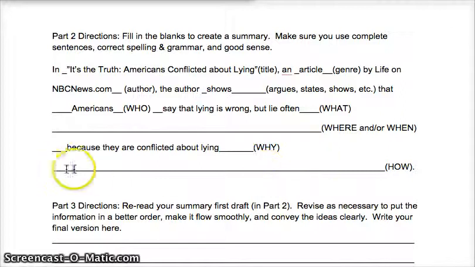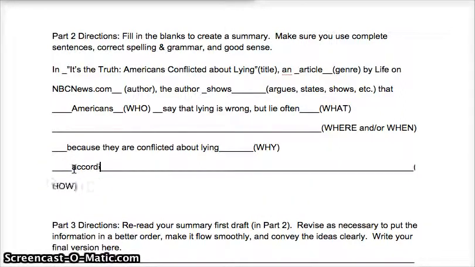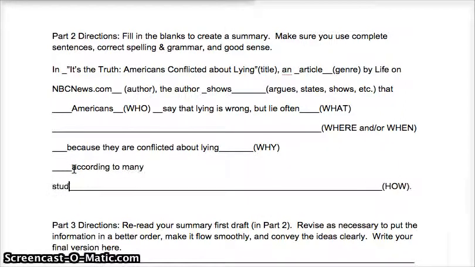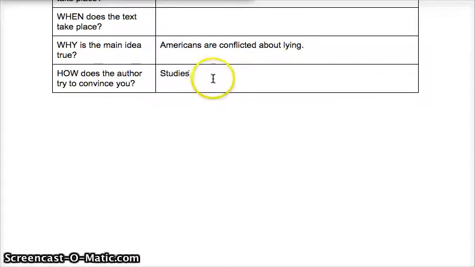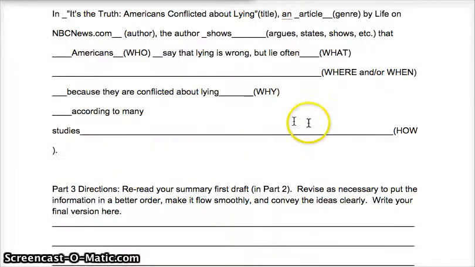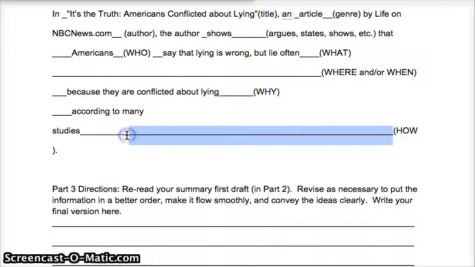And now we put in the how. According to many studies. Now you'll notice I had to add some words here. Up here in part 1, it just says studies. But down here I've said according to many studies.